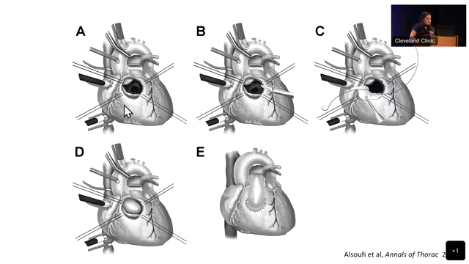Again, the principles are to make sure you understand your coronary anatomy, because for the ventriculotomy you need to stay away from the coronary arteries. And then you need to determine whether or not the VSD does need to be enlarged, and then create a tunnel that hopefully will be an unobstructed tunnel from the left ventricle to the aorta, and then create a right ventricle to pulmonary artery connection.